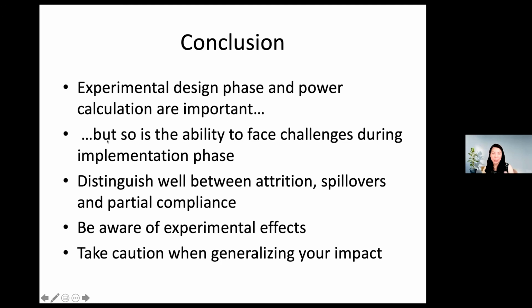Also, this is just a summary of what we covered today. In the design phase, we need to keep in mind the power calculation, which is super important. Without sufficient power, either you're overpowered, meaning you're wasting a lot of resources, either budget or human power, to run the experiment, or you're underpowered, which means we can face a type 2 error.